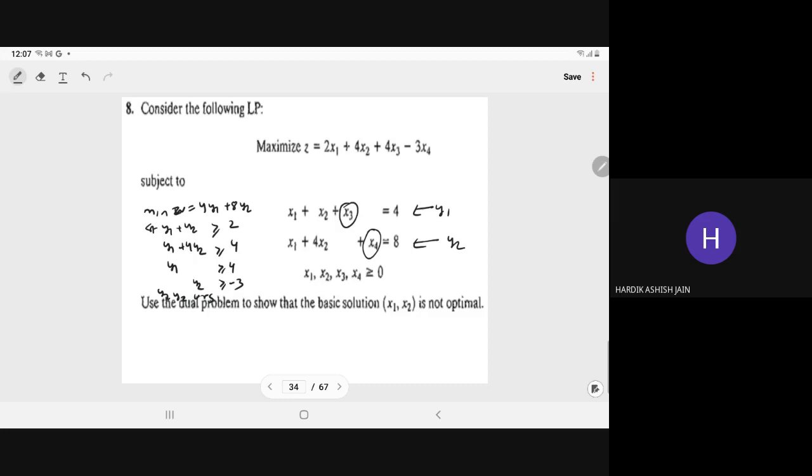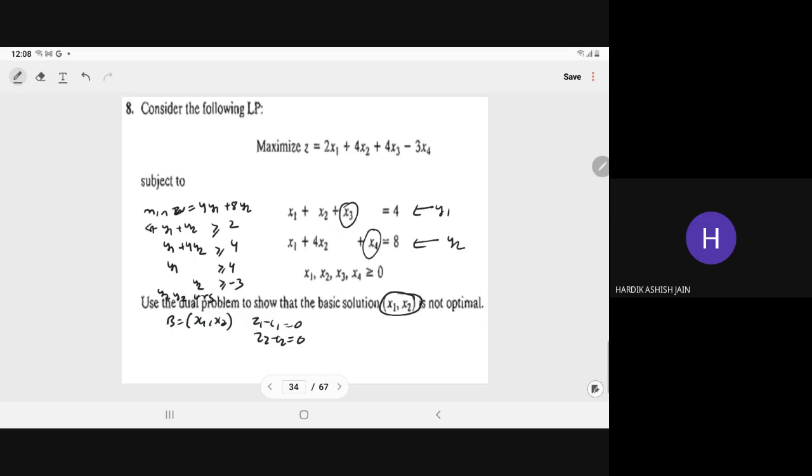Now from here, if x1 x2 are the basic variables, the bases are x1 x2, or you can say p1 p2, it means zj minus cj for them, z1 minus c1 and z2 minus c2, will be 0.